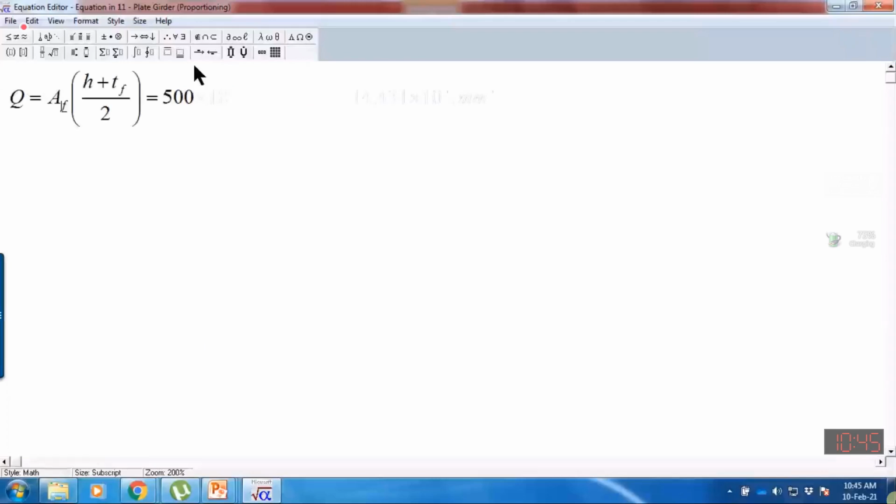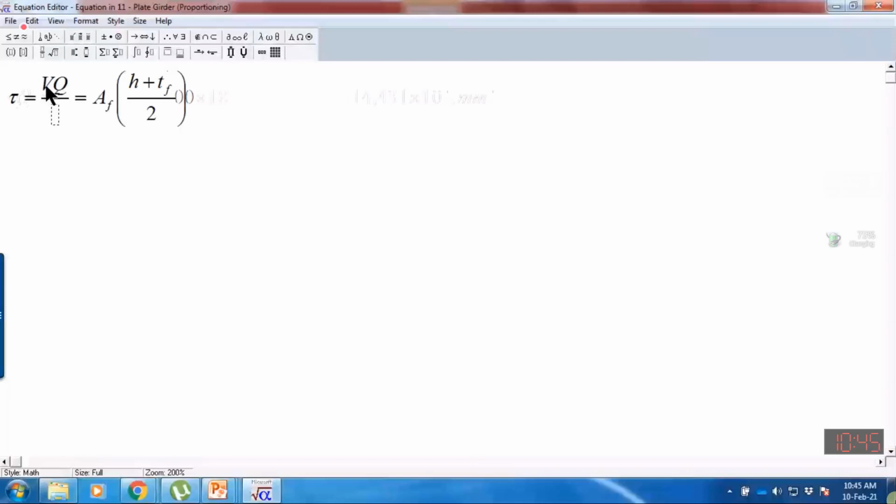So actually we are using this formula: tau is equal to VQ over Ib.